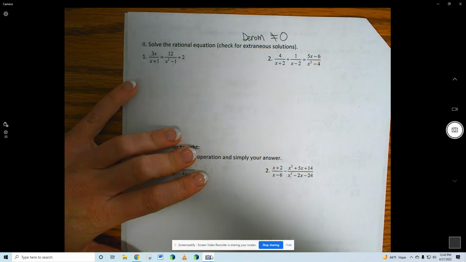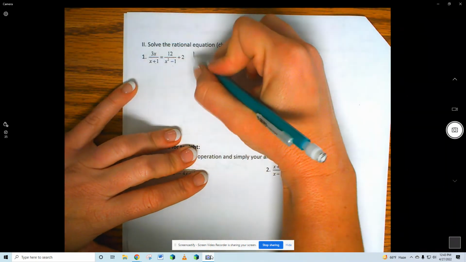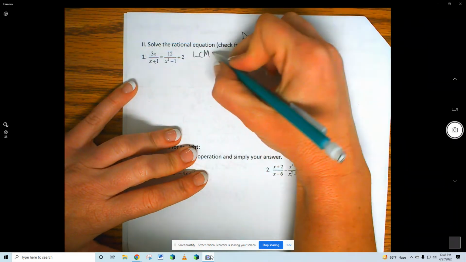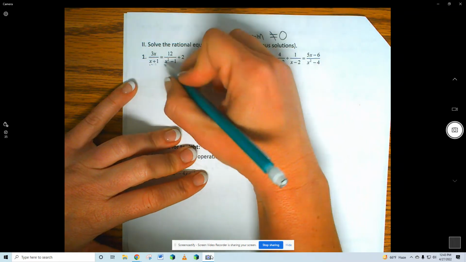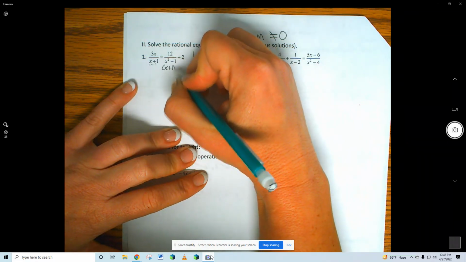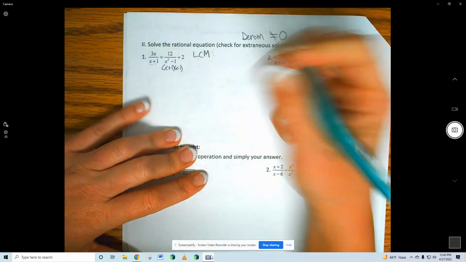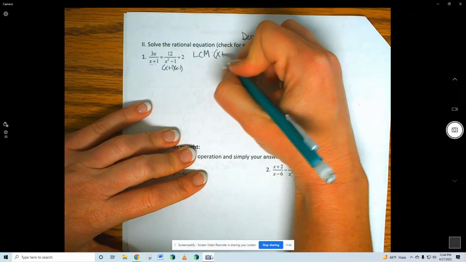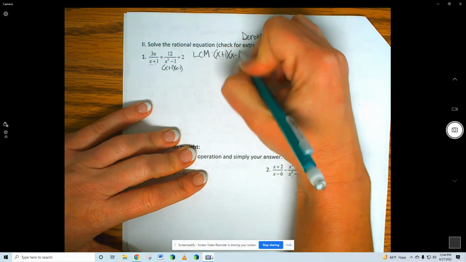So, I need to figure out my LCM. This is x plus 1. This, though, x plus 1, x minus 1, difference of 2 squares. My least common multiple is going to be those 2 parentheses, my common denominator.